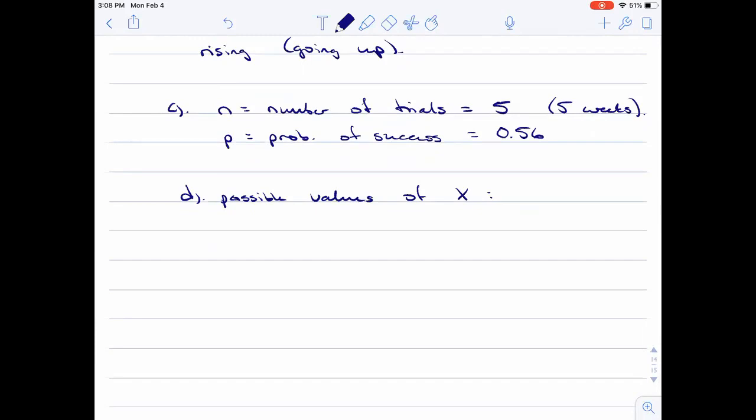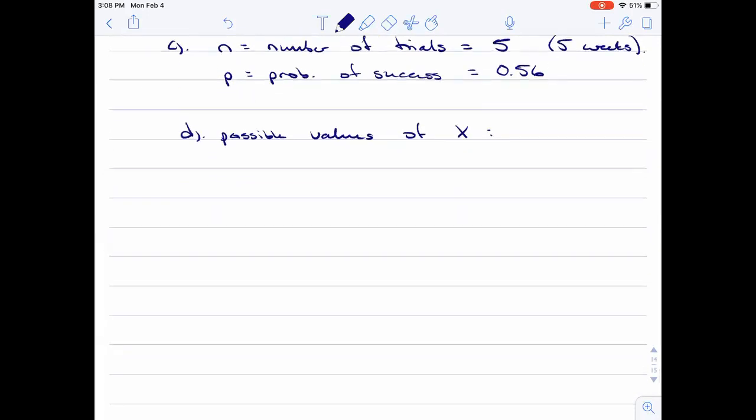You don't want to forget about the 0 option because it's possible. Unlikely, possible. So 0, 1, 2, 3, 4, or 5. And if you want to get fancy, you can throw curly brackets around there, but you don't have to. Set notation.